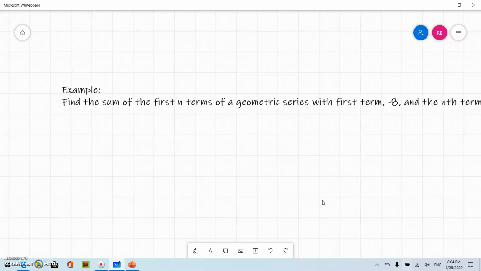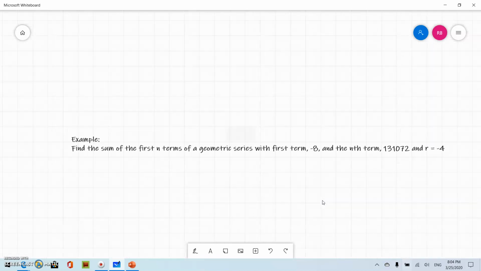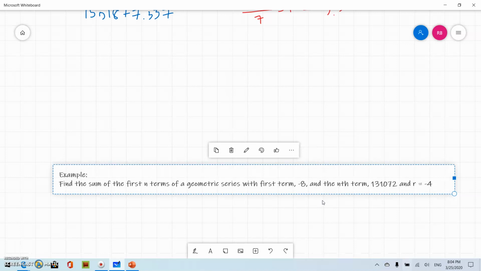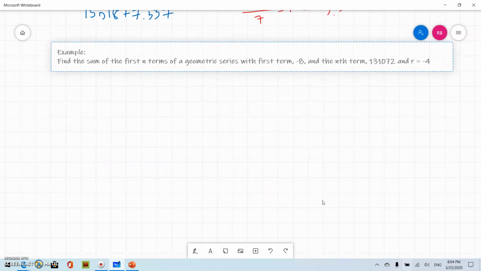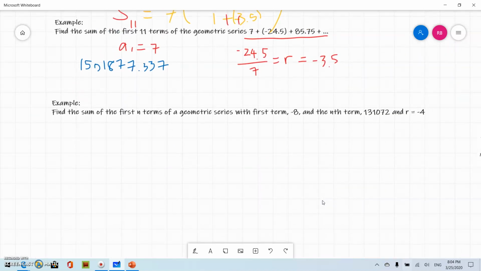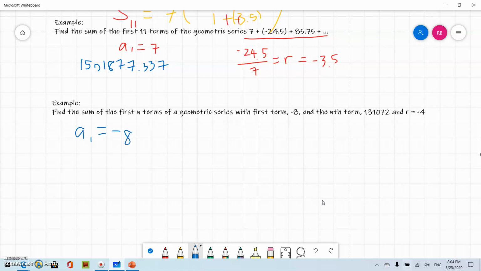All right, let's look at this example. Find the sum of the first n terms of a geometric series with the first term negative 8. So A1 is negative 8. And the nth term, we don't know how many there are.